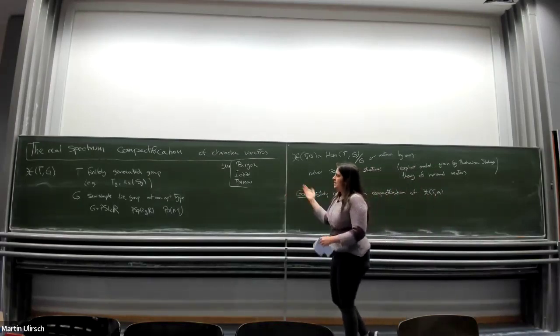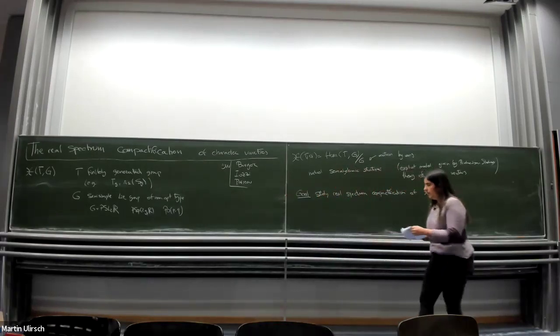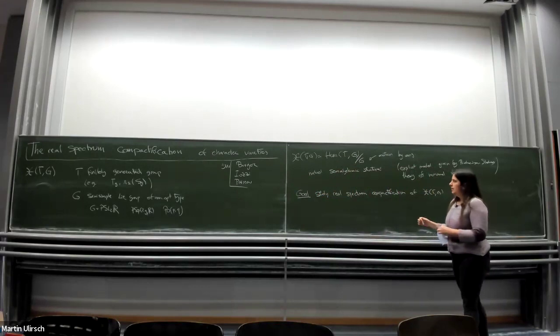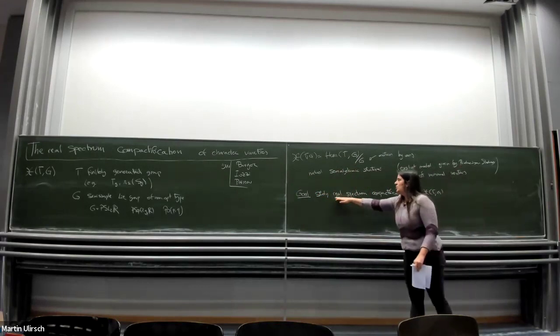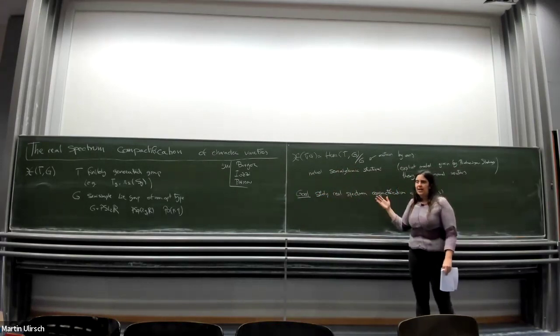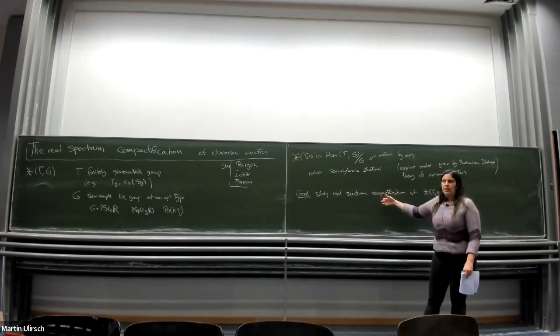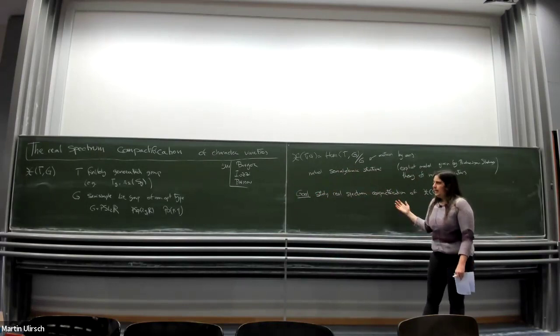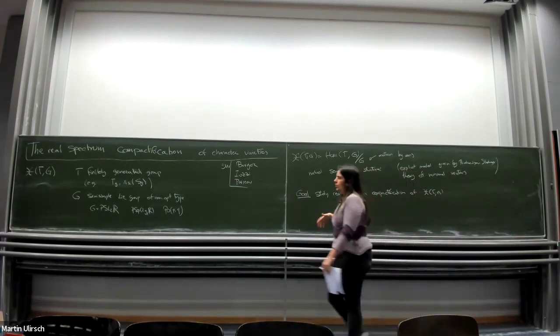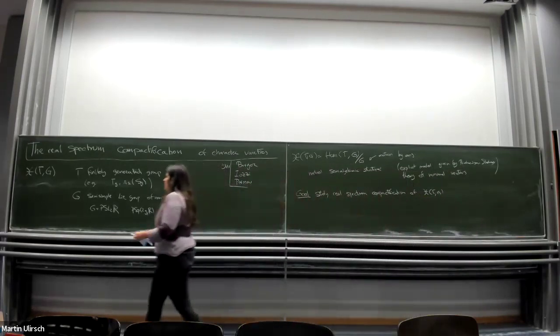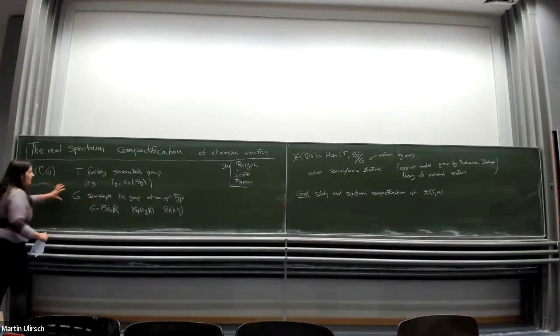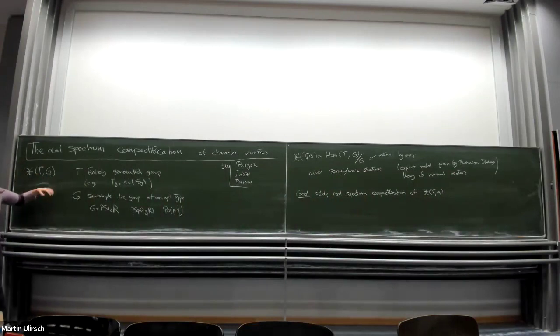So this real spectrum compactification, I'm not assuming that you know what it is, and I will tell you a little bit about what this compactification is in a little bit. Before that, I want to explain why, from my viewpoint, this is really the correct degree of generality in which I want to study this.